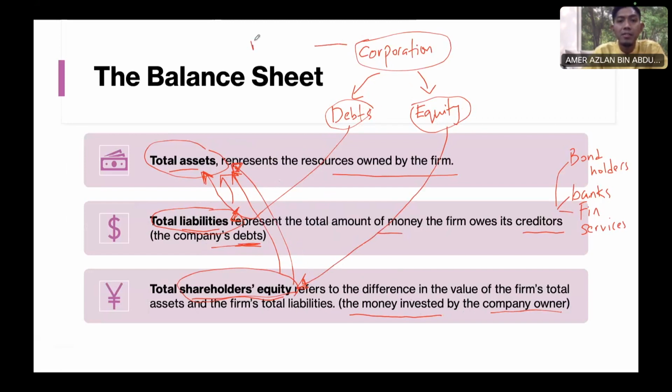And the last is retained earnings. This is the money that the company has in balance from the previous profits that they got. The balance from the profit that they got from previous semesters, they reinvest and put in the company's account, which is called retained earnings.